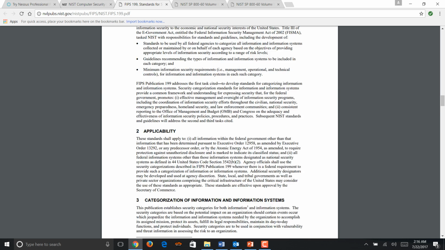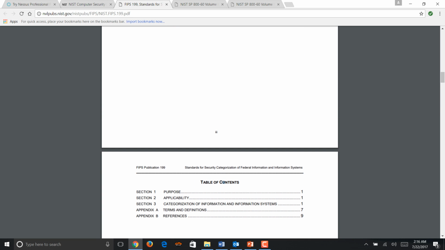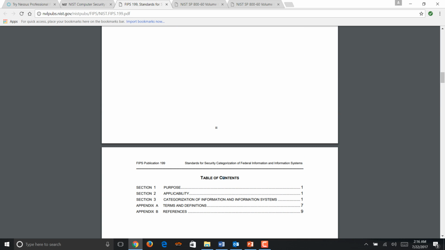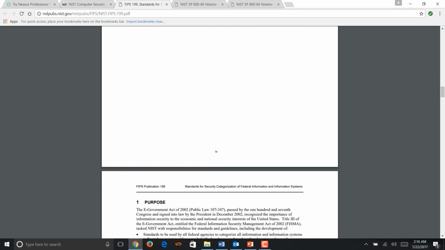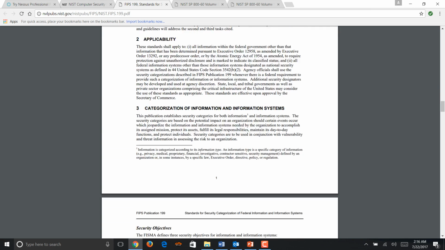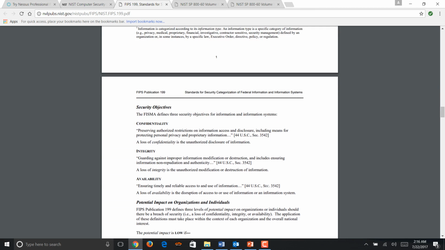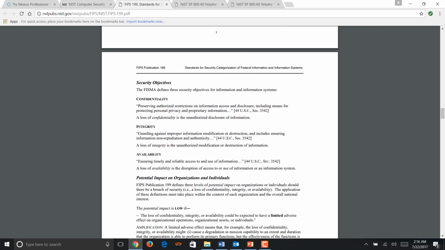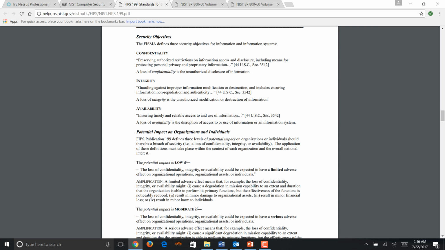It gives us an overview of the purpose, applicability, categorizing of information and information systems, terms and conditions, and references. So what do purpose and applicability mean here? In this NIST publication, it gives some basic definitions or terms, such as potential impacts.